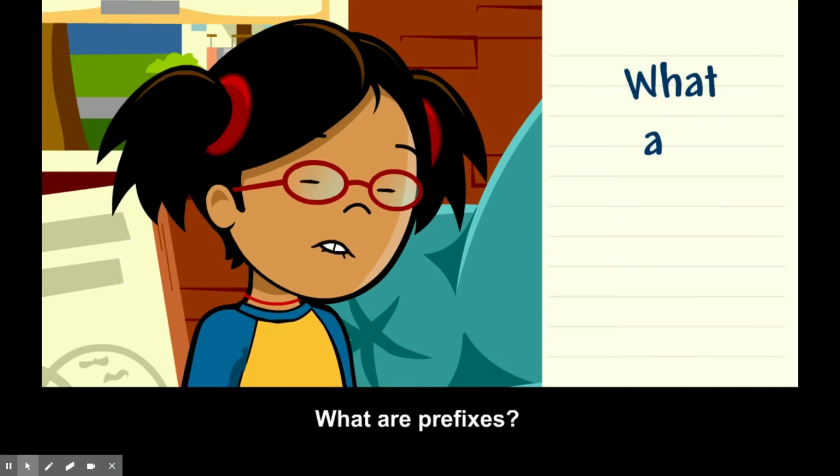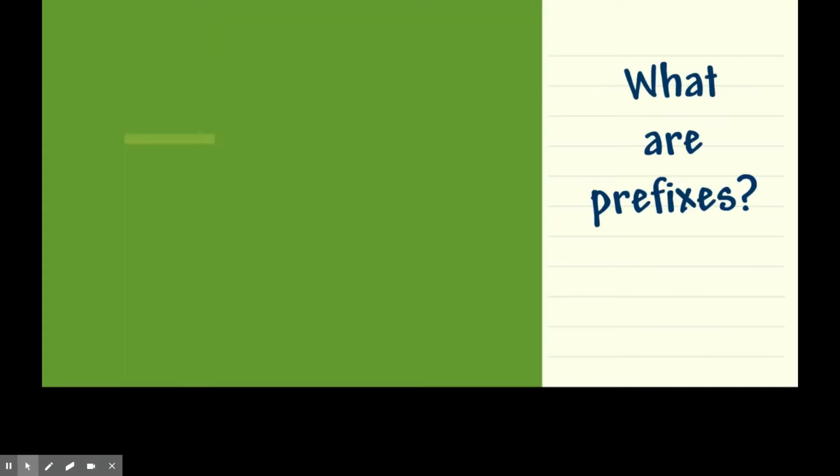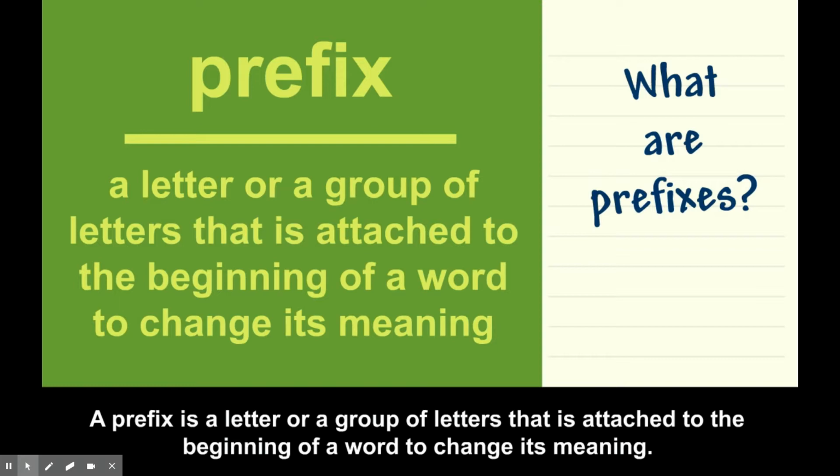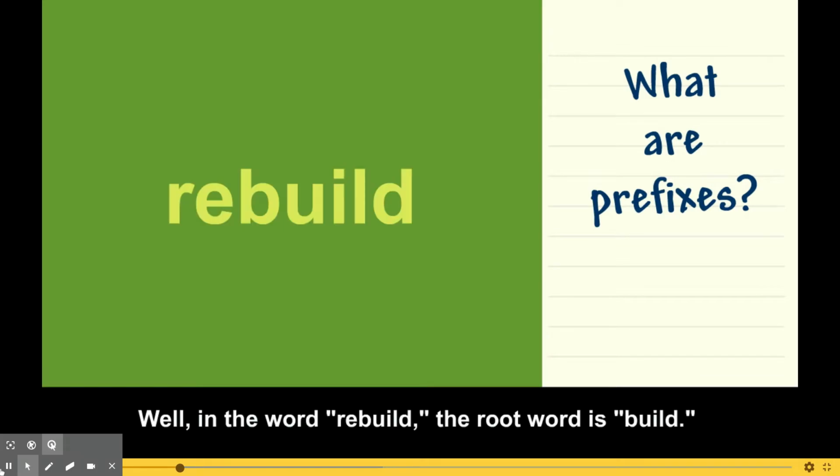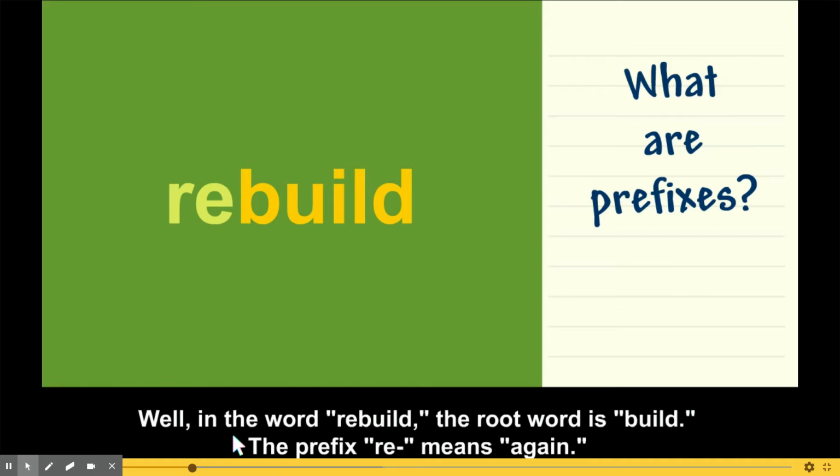What are prefixes? A prefix is a letter or a group of letters that is attached to the beginning of a word to change its meaning. Well, and the word rebuild, the prefix.